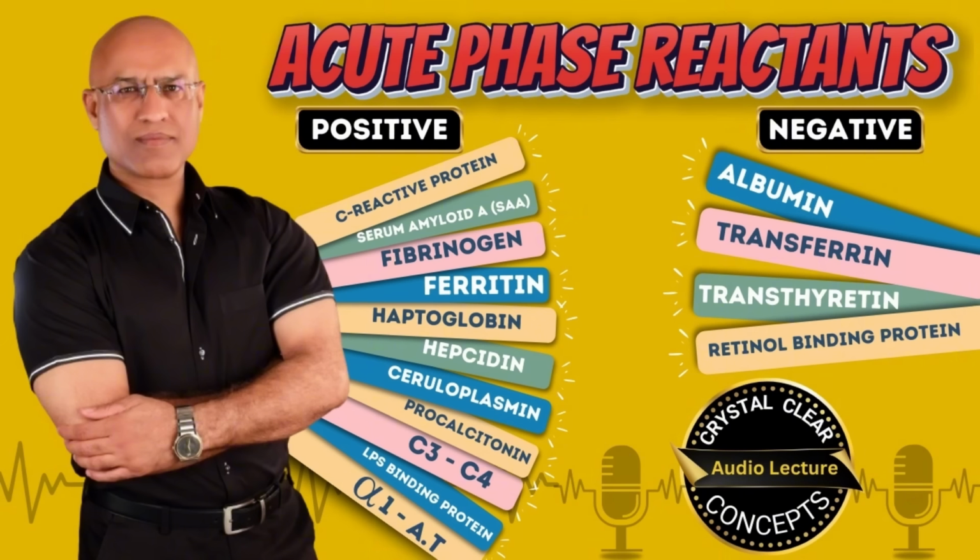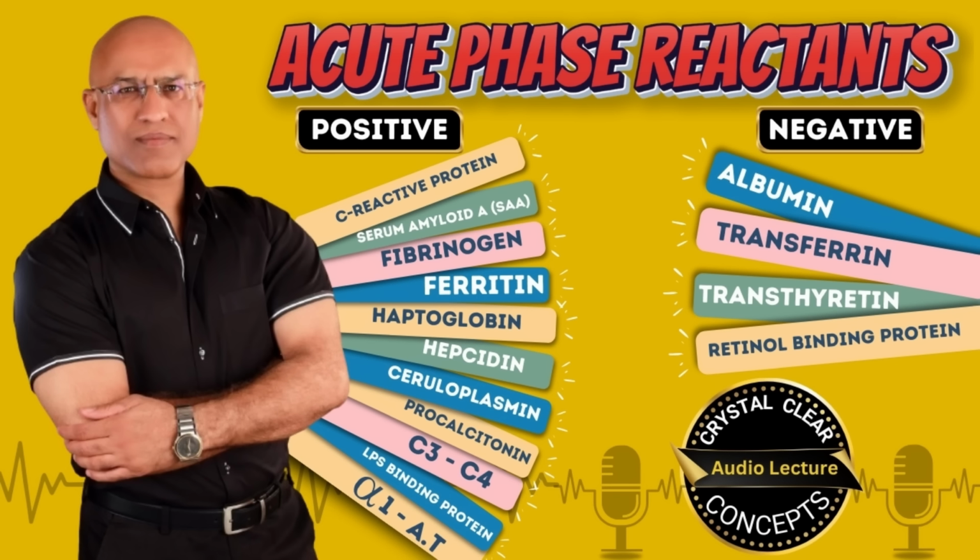First, injury to our tissue or stress to our tissue, leading to activation of innate cells, producing pro-inflammatory cytokines, acting on the liver and changing the production of certain plasma proteins. Plasma protein levels going up are positive acute phase proteins or reactants, and plasma protein levels going down are negative acute phase proteins or reactants.